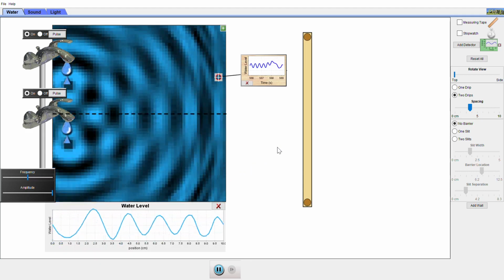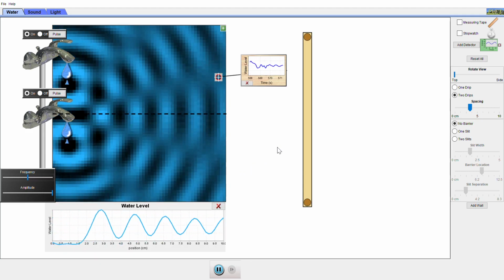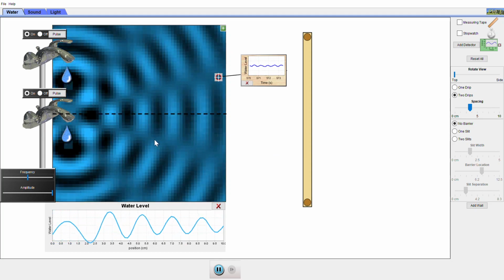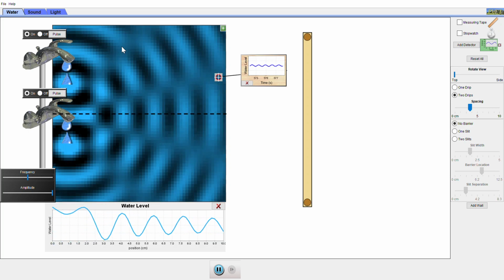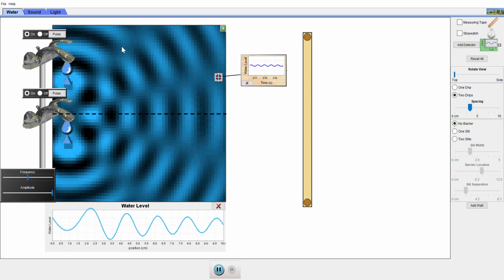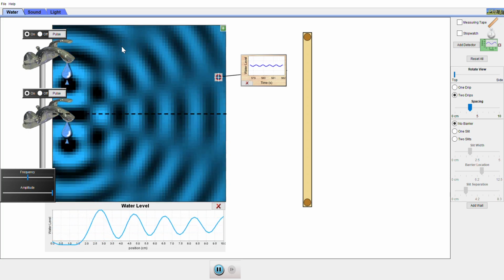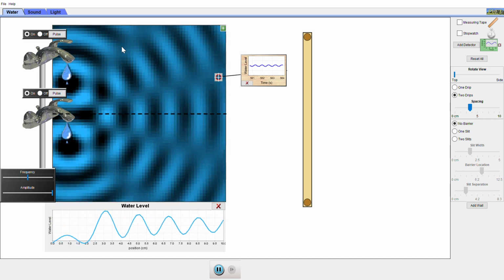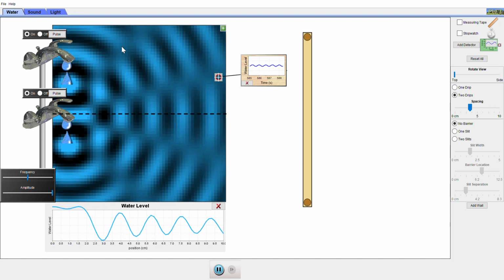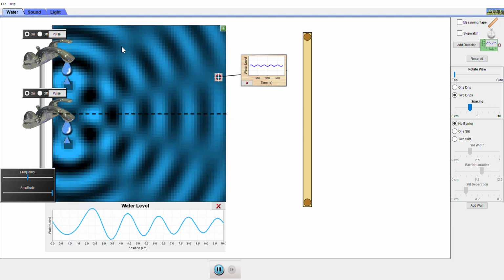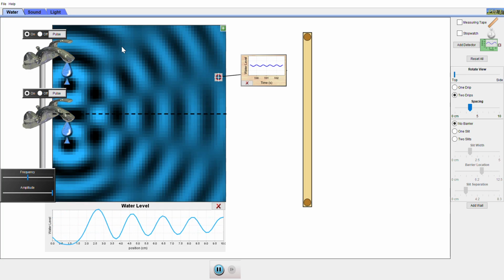Let things calm down a little bit. Now we only have 1, 2, 3, 4 rays. Okay, so number 12 asks, how does the drip frequency relate to the number of rays, the number of destructive interference points as these waves are interacting and traveling through the ripple tank?